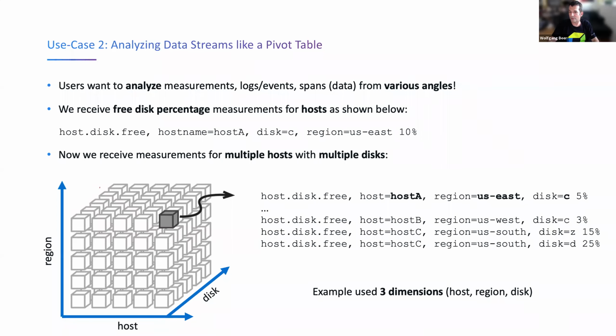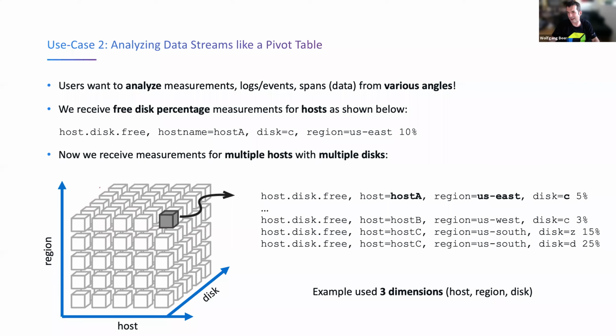Out of those three dimensions, which are host, region, and disk, you can span up a three-dimensional cube, where each of the cells, as highlighted here, represents one host and one disk on a specific host in a specific region.